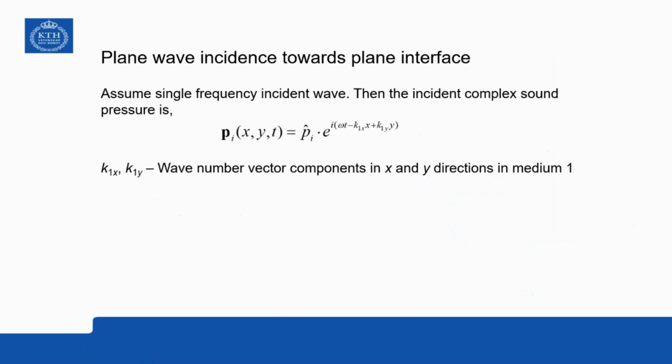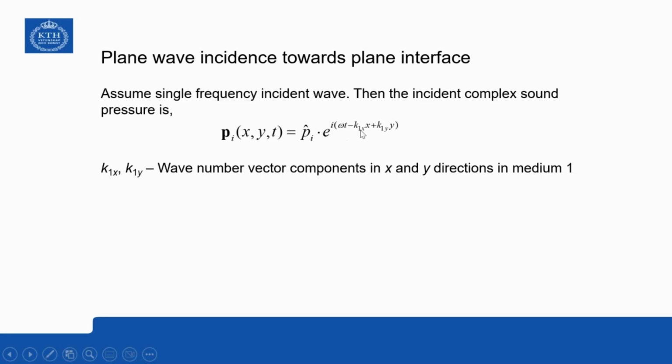So let's start now with this, and let us assume, as usual, a single frequency incident wave. Let us express the incident sound pressure as a complex quantity. So we replace the time dependence, cos or sine omega t, with its complex exponential.